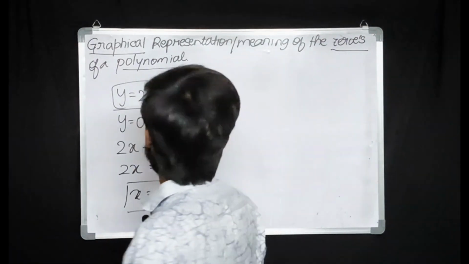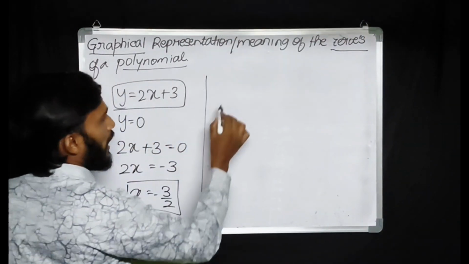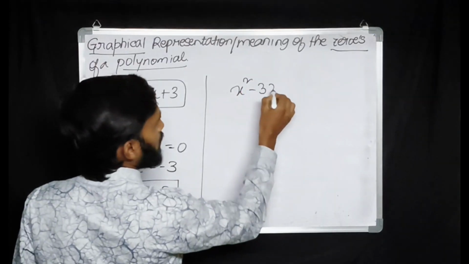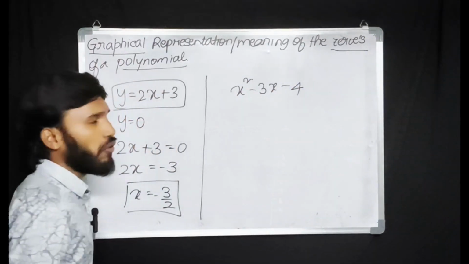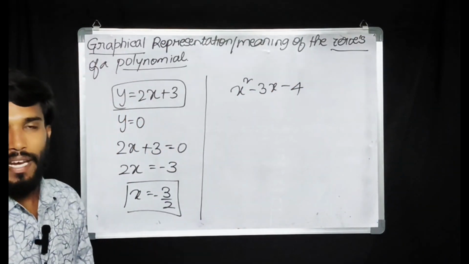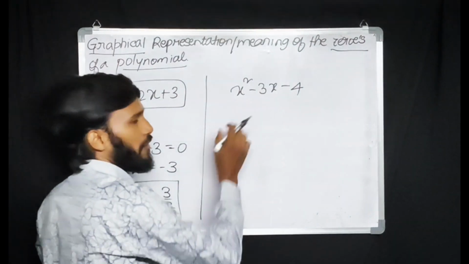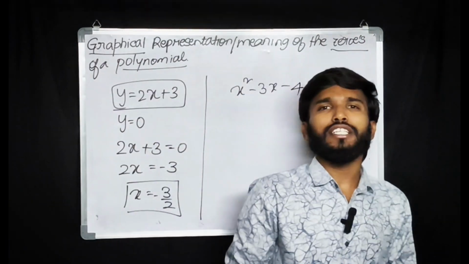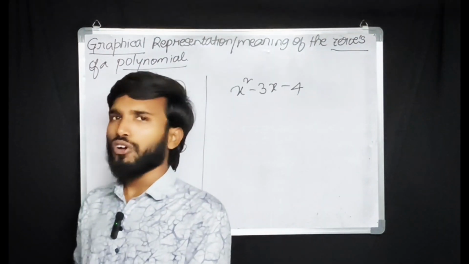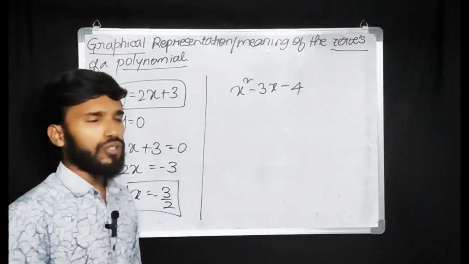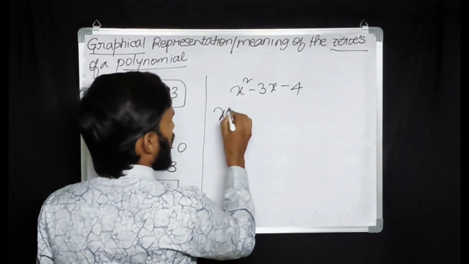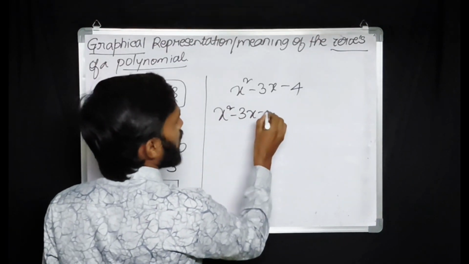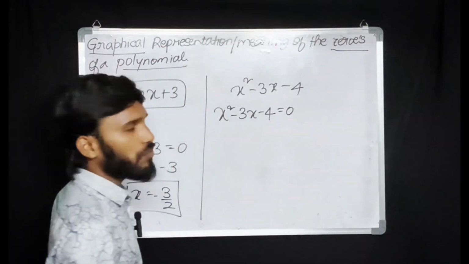Now, take another example which is quadratic: x² - 3x - 4. This is the given polynomial. To find its zeros, we should equate the polynomial to 0. That means x² - 3x - 4 = 0.